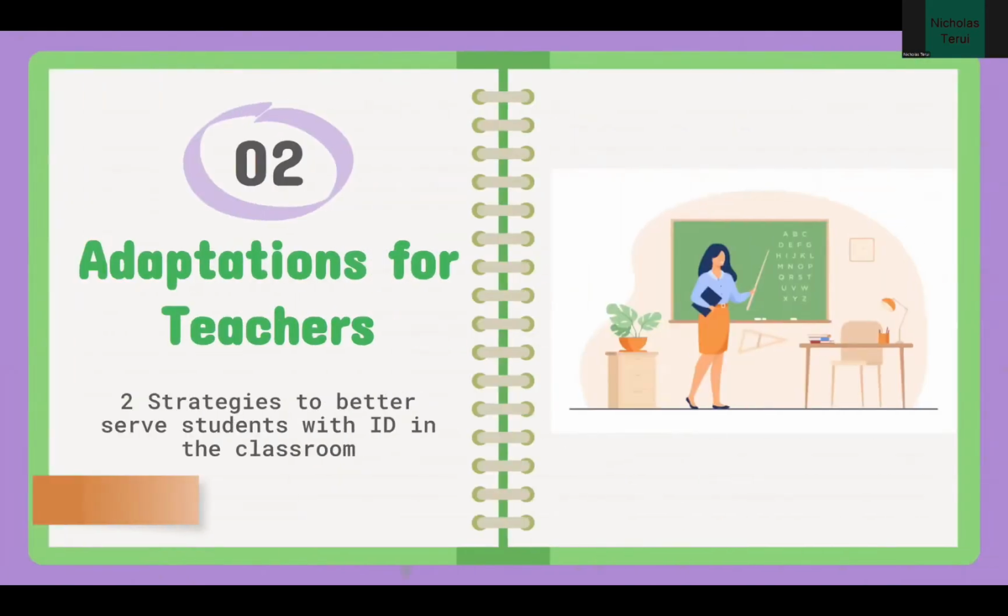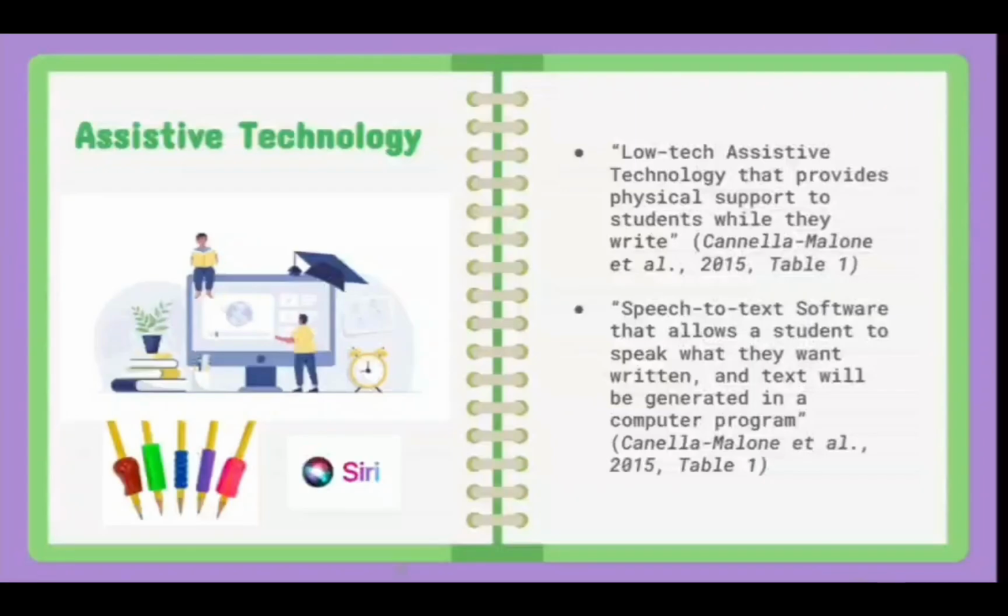So we've outlined 4 strategies for serving students with ID. 2 are for strategies in the classroom, and 2 strategies are for parents or at home in general. Our first strategy, and one of the most accessible, is implementing what's known as assistive technology.